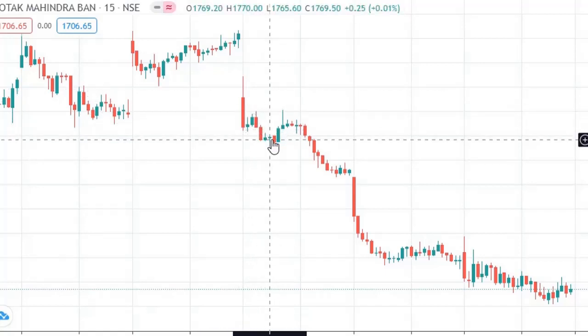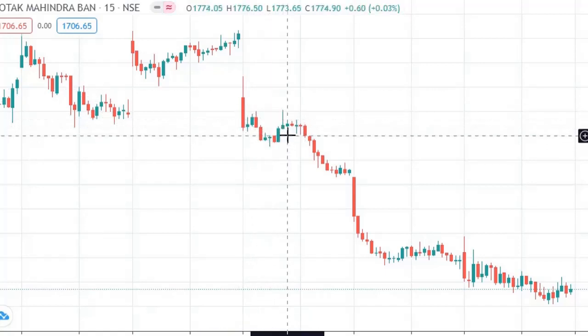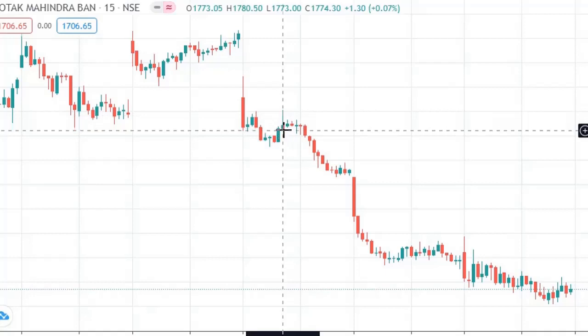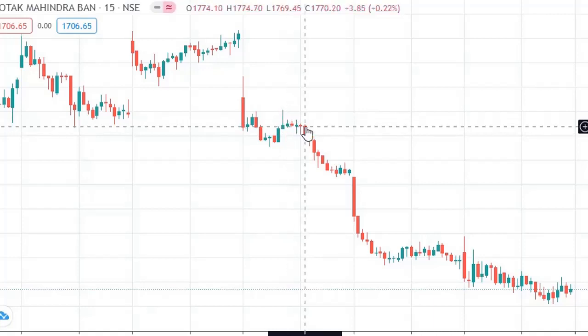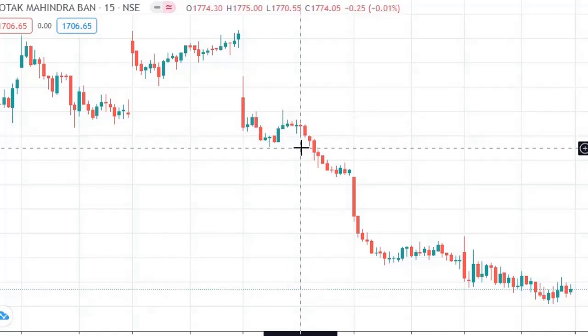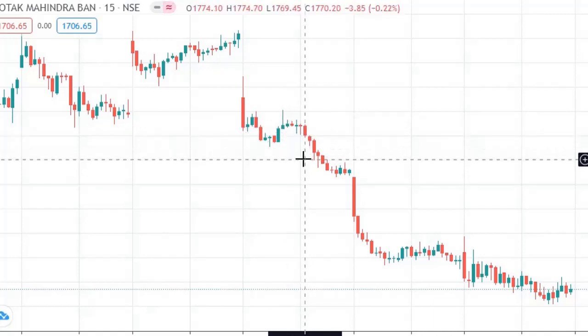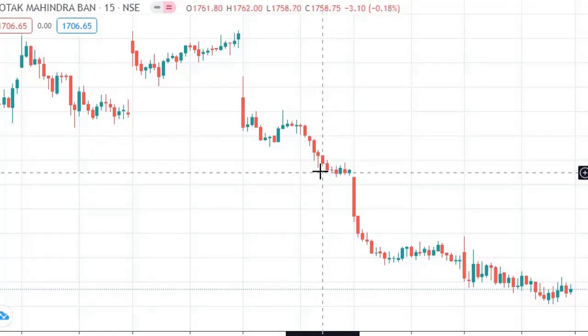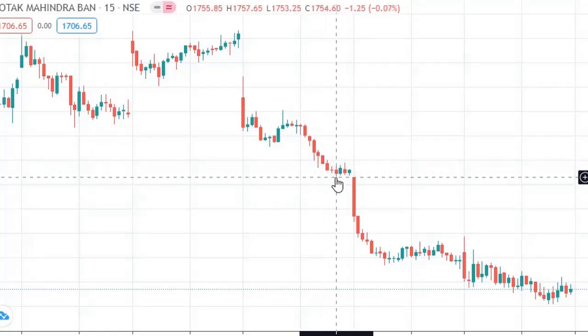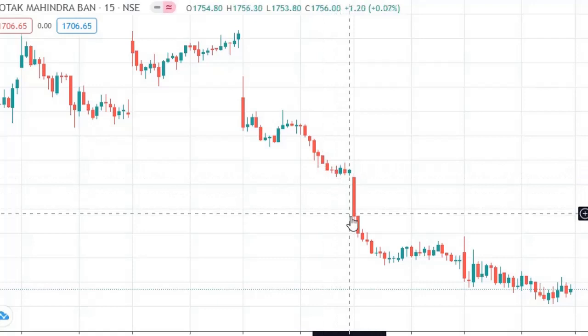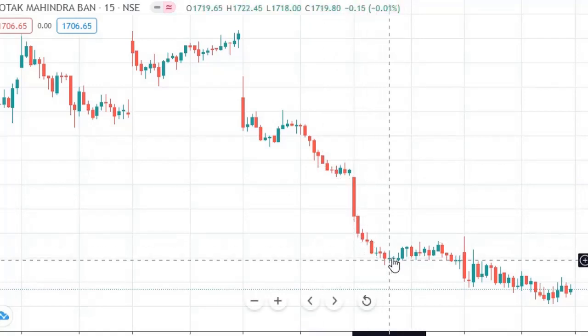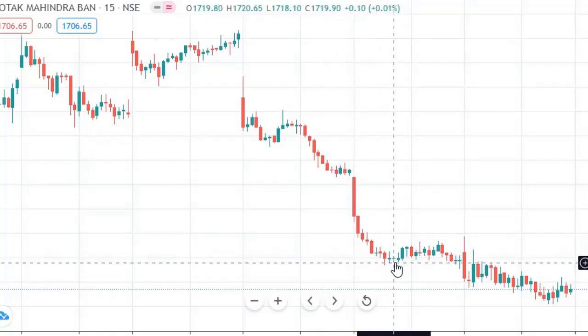So this is the one wave, then came up. This is a green bar, so I marked it. Then it came down. Then again you can see closing is lower low, so I mark this last one lower low. So in this way you can see in the 15-minute chart it is going down.